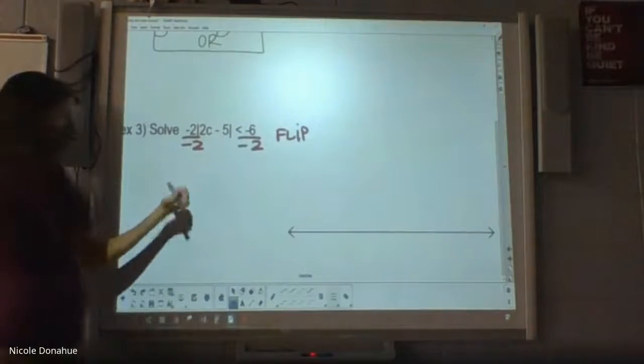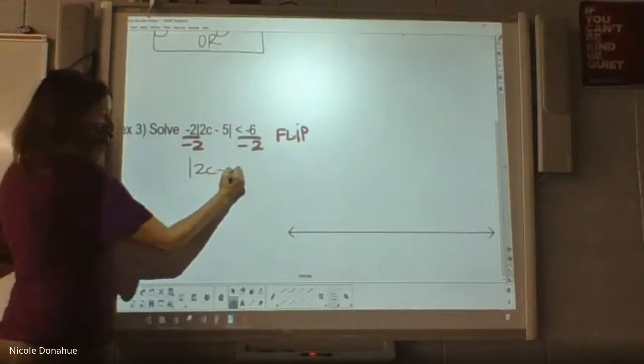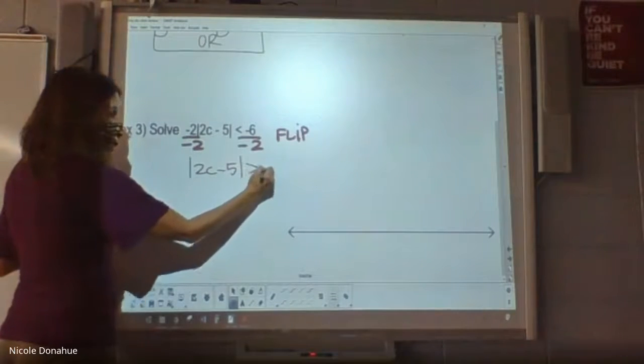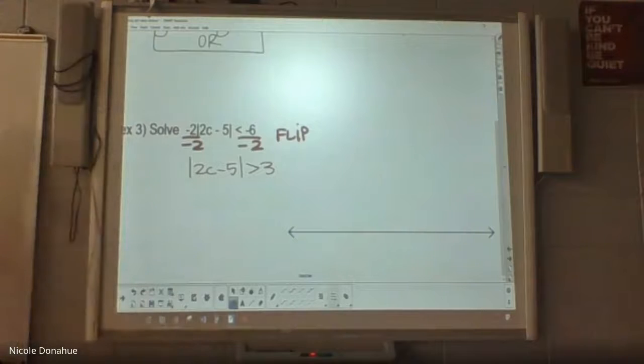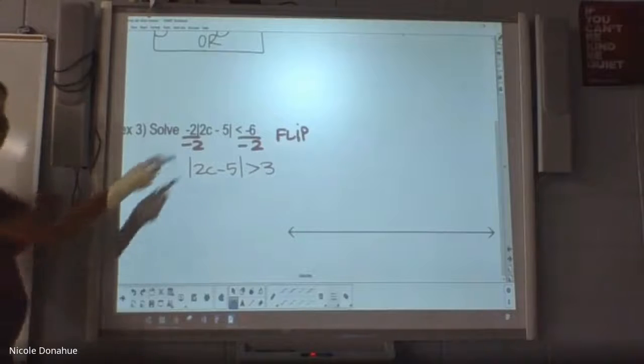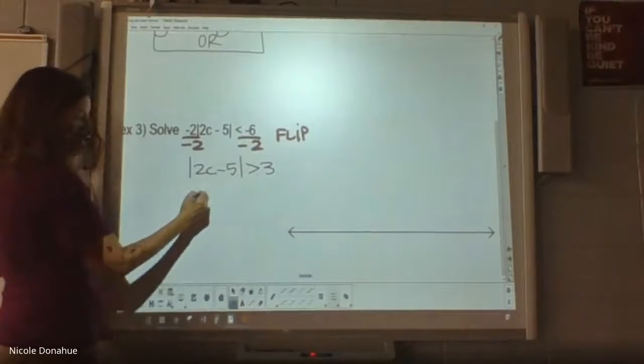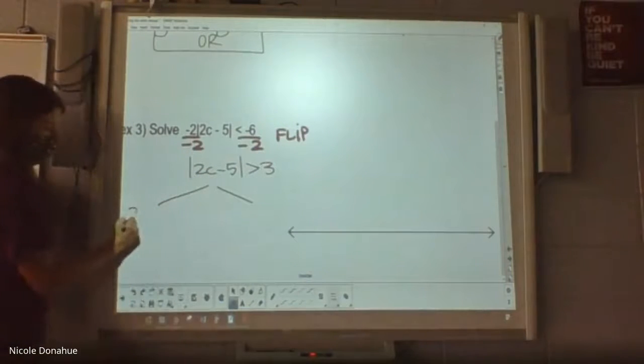One thing we have to remember, we have to isolate that absolute value first. So the inequality flips, so it's greater than 3. And now we're gonna set up our two inequalities. So there's multiple steps in this one. We flip the inequality because we divided by a negative, and now we have to do our two versions here.